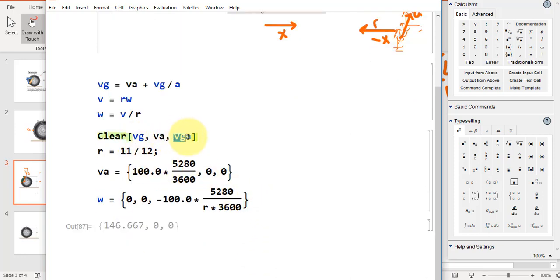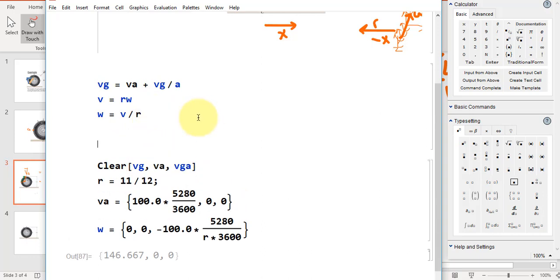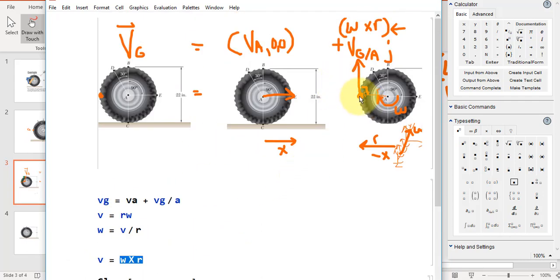Next up, G with respect to A. What we're going to use with this is velocity equals omega cross r. So this is a cross product, just like you used for moments, so r cross ma, or angular momentum, r cross mv. It's going to be a cross product. And what this will do is crank through and give us the actual velocity of this point going up.